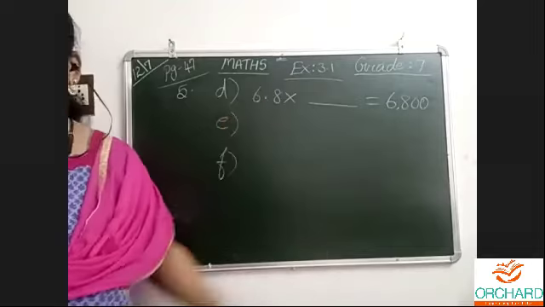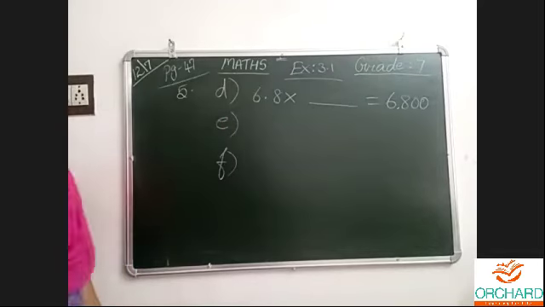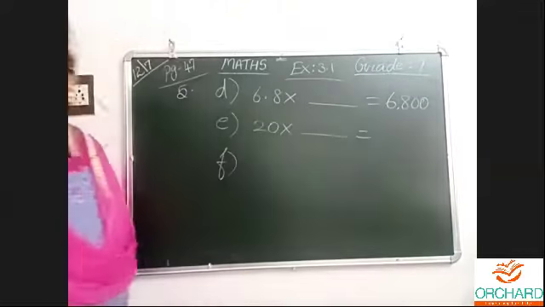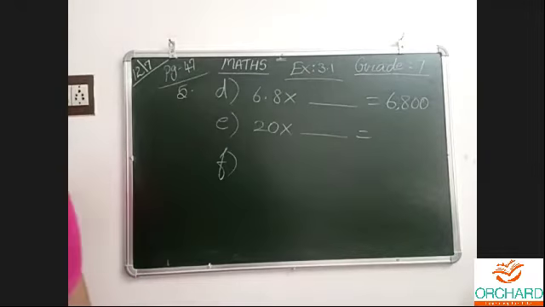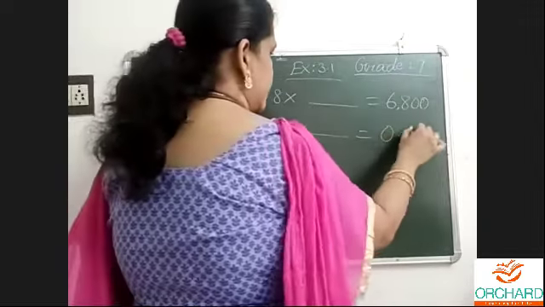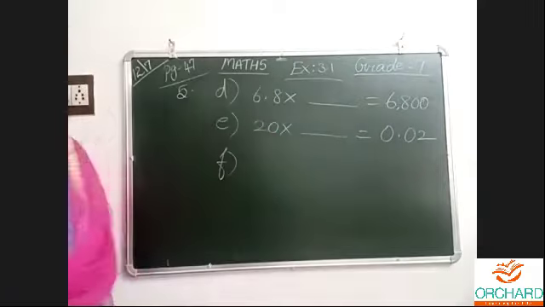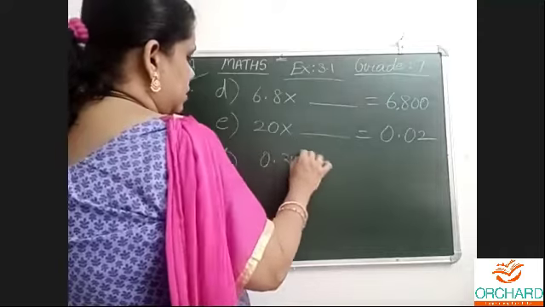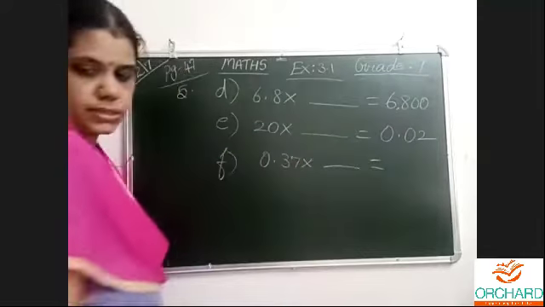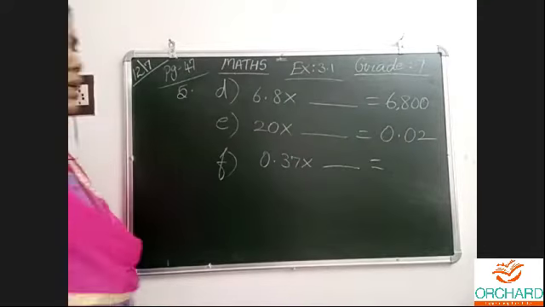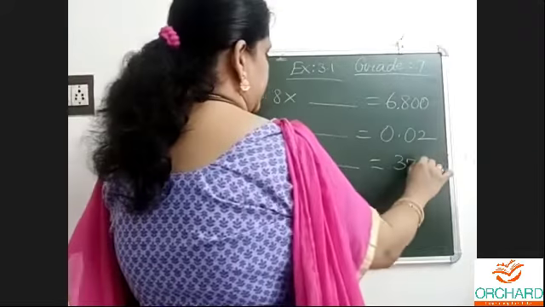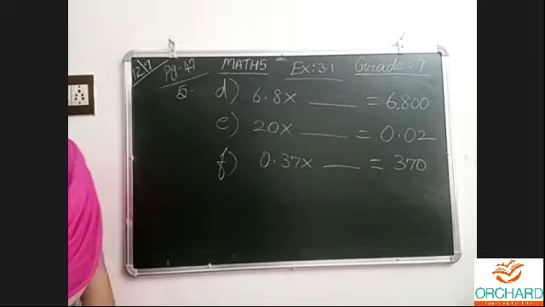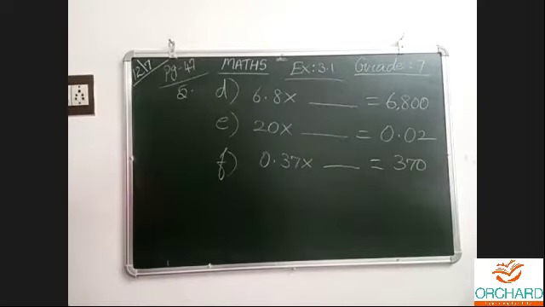Here, a decimal point. 20 multiplied by what is equal to 0.02. 0.37 multiplied by what will give the answer as 370. So this is the way it has to be done.